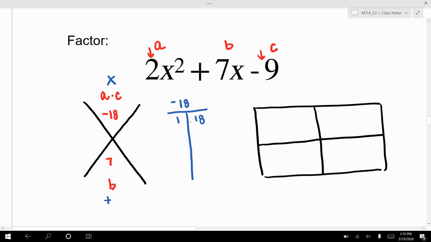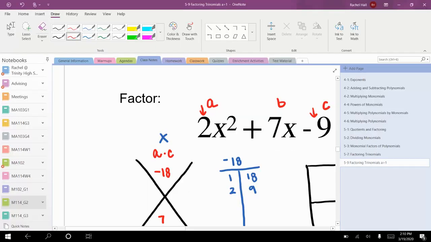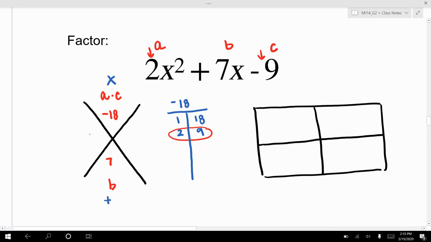Okay. So when we add those together or subtract them, it does not give us 7. So that's not it. Let's take a look at the next factor. So we've got 2 and 9. And I think this is going to be what we're looking for, because when we subtract 2 and 9, we get 7. So these are the two factors that we're looking for. And we're going to go ahead and place one on the left and one on the right.